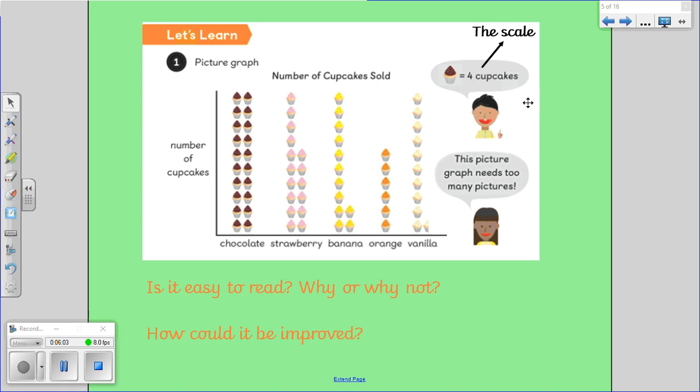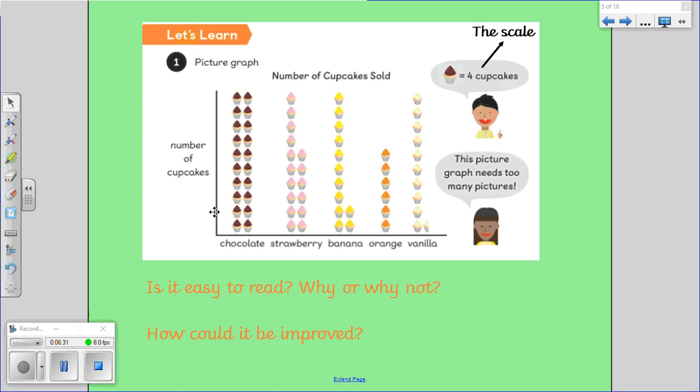Well, at the side we can see here, and this is called the scale. The scale is that one cupcake is worth 4 cupcakes. So each individual cupcake is worth 4 cupcakes sold. So to work this out, we could count up in our fours, or we could use our 4 times table to help us work out how many cupcakes were sold.